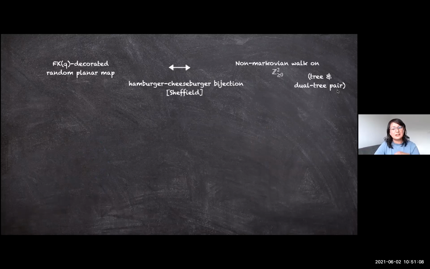So essentially, you get the pair, and this non-Markovian walk defines the contour functions of these pairs of trees. For time's sake, I won't go into details of this hamburger-cheeseburger bijection, but it's essentially the next step of this simpler Mullin bijection.